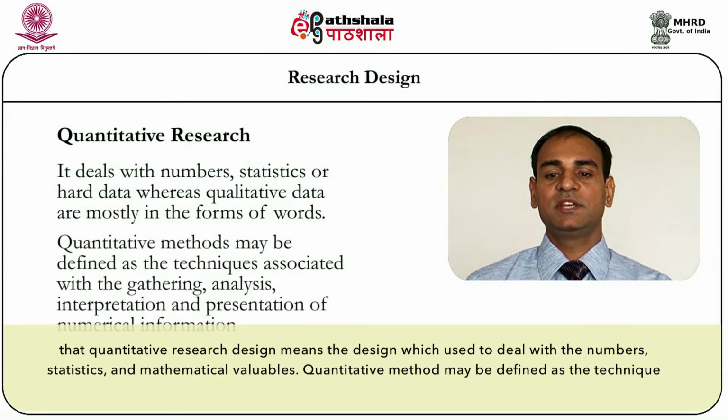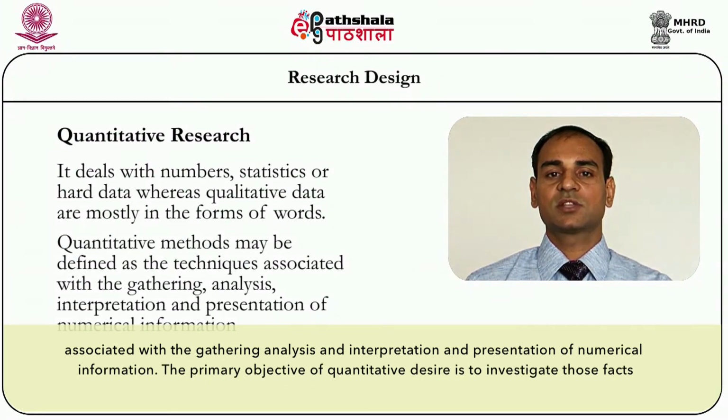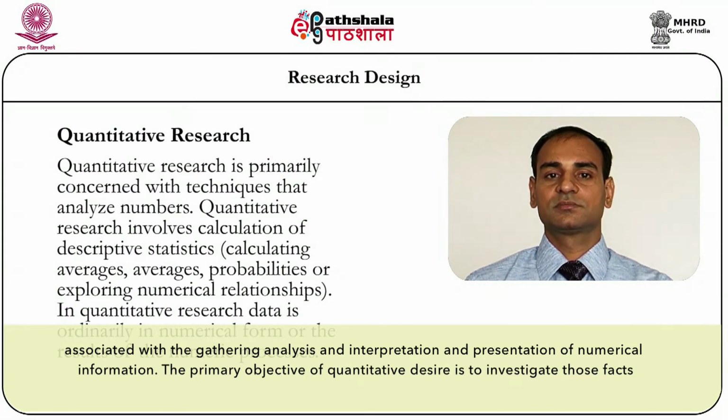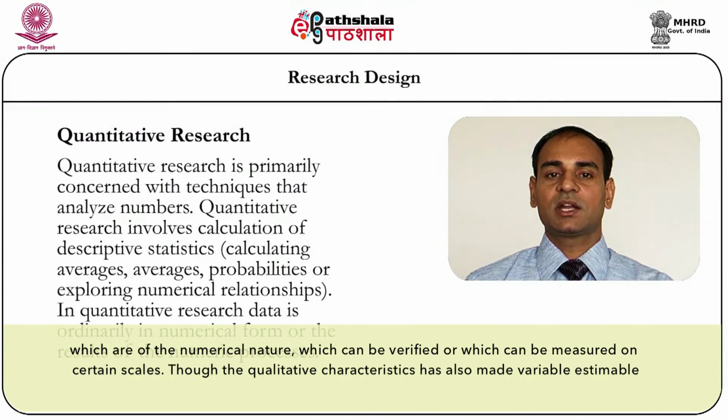Quantitative method may be defined as the techniques associated with the gathering, analysis, interpretation and presentation of numerical information. The primary objective of quantitative design is to investigate those facts which are of the numerical nature, which can be verified or which can be measured on certain scales.